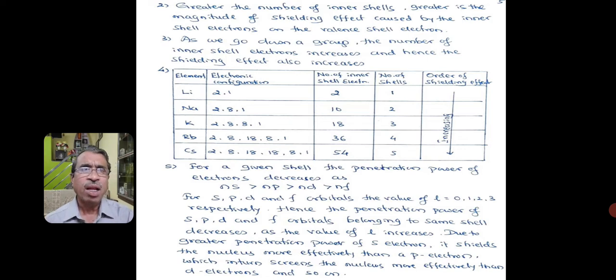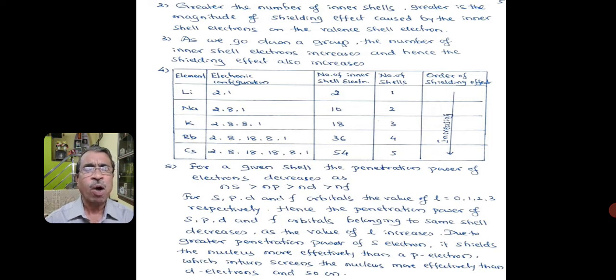For a given shell, the penetration power of electrons decreases as we move from s subshell to f subshell. In other words, the electrons in the s subshell have greater penetration power than the p, d and f subshells. Similarly, the same applies for s, p, d and f orbitals, where the value of l is equal to 0, 1, 2 and 3 respectively.